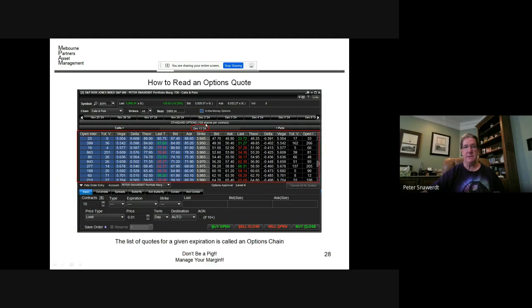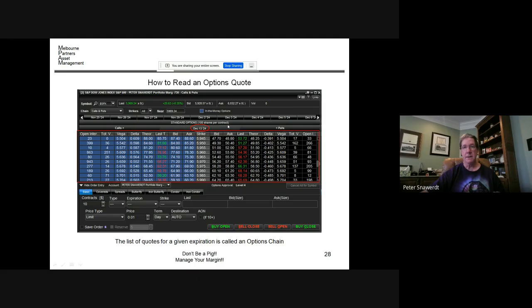Strike prices for the particular options chain. In this particular case, we've got the December 13th, 2024 options chain selected. These are the strike prices that went along with it. Okay. Calls again on the left. Put option prices on the right.